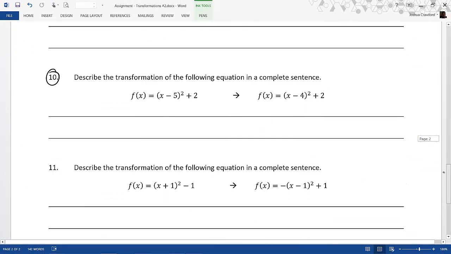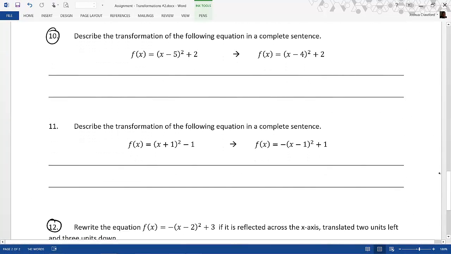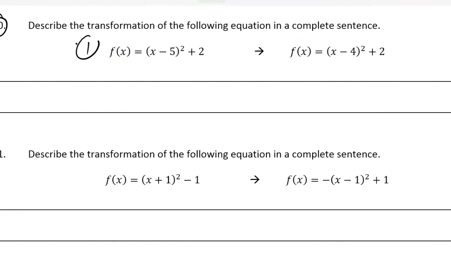Number 10. Describe the transformation of the following equation in a complete sentence. So before we were transforming our parent function. Now we're transforming an already transformed function. So our equation 1 is f of x equals (x minus 5) squared plus 2. Equation 2 is f of x equals (x minus 4) squared plus 2. So the difference is minus 5, minus 4.